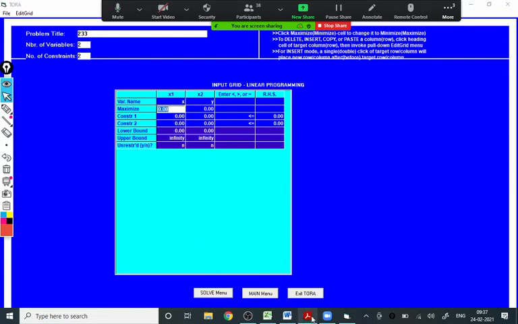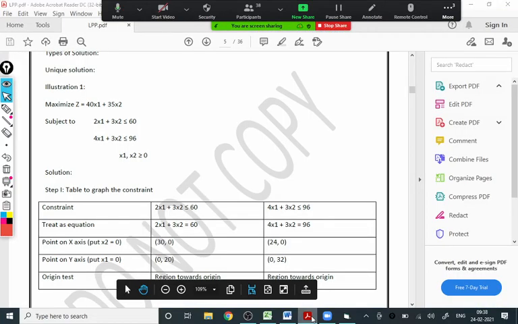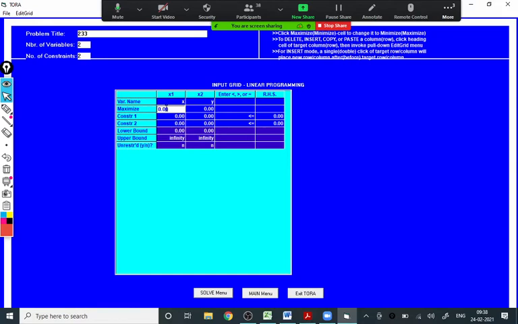Now we have to maximize. Which function do we have to maximize? 40 and 35. So the first one is 40, and 35. You can plot it on your own right now.